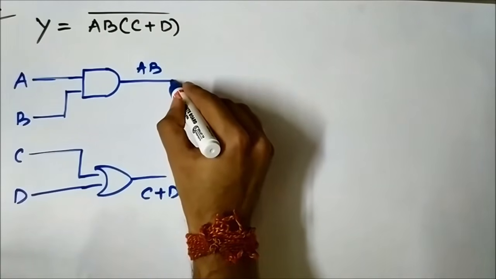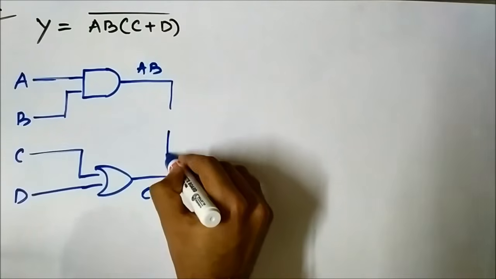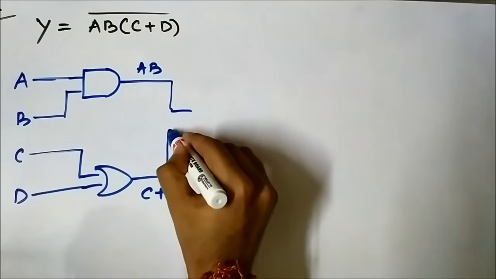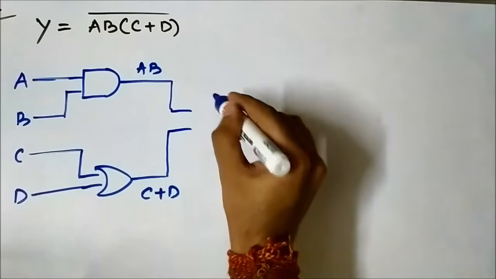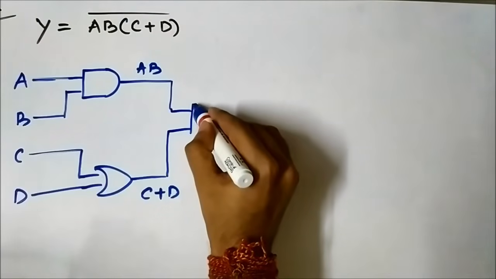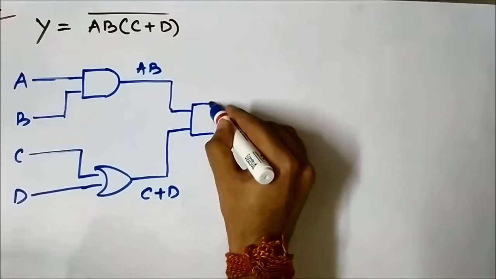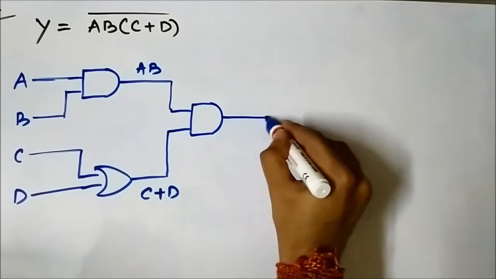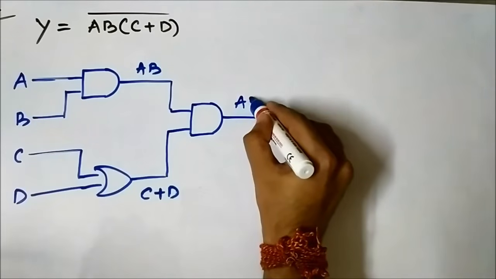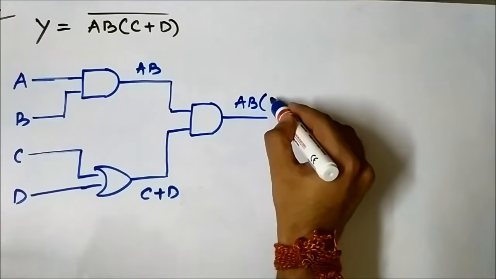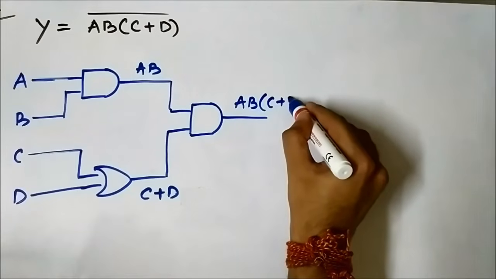So again we have to provide them to a 2 input AND gate, which will get the output as AB whole multiplied or ANDed with C plus D.